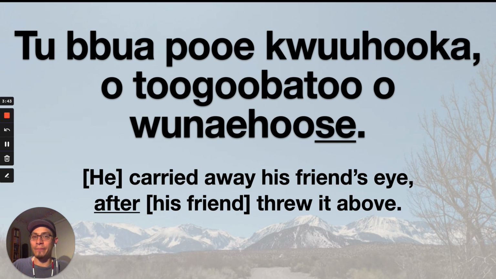In the previous examples, the si verb occurred first. Even though it occurs later in the sentence, it still occurs first in the sequence. So after he threw it above, his owl threw his eye up into the air, and then his friend came afterwards and carried it away.